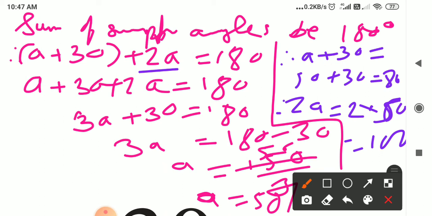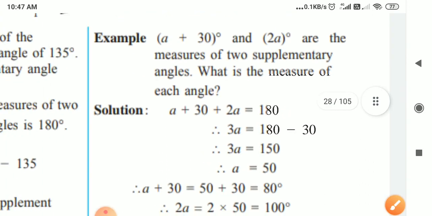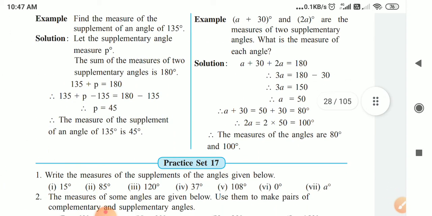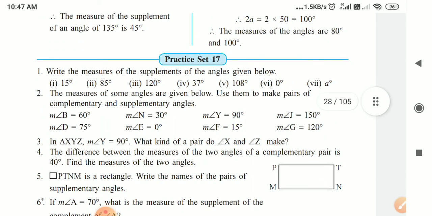In this way you solve the example based on supplementary angles. You must write the last statement: the measures of the angles are 80 and 100 degrees. So this one is completed.